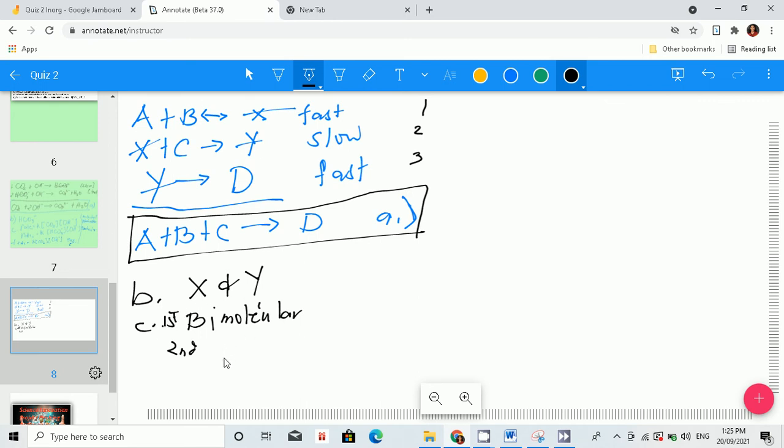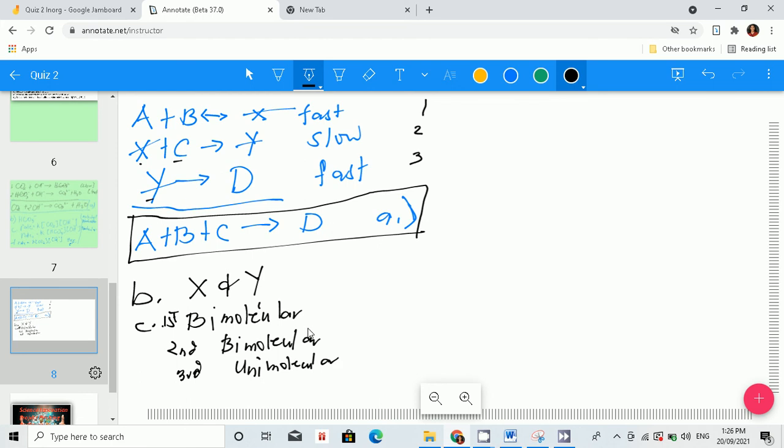For the second step, we have two again, the X and C, so it is also bimolecular. And for the third step, we have only one, so that is unimolecular.